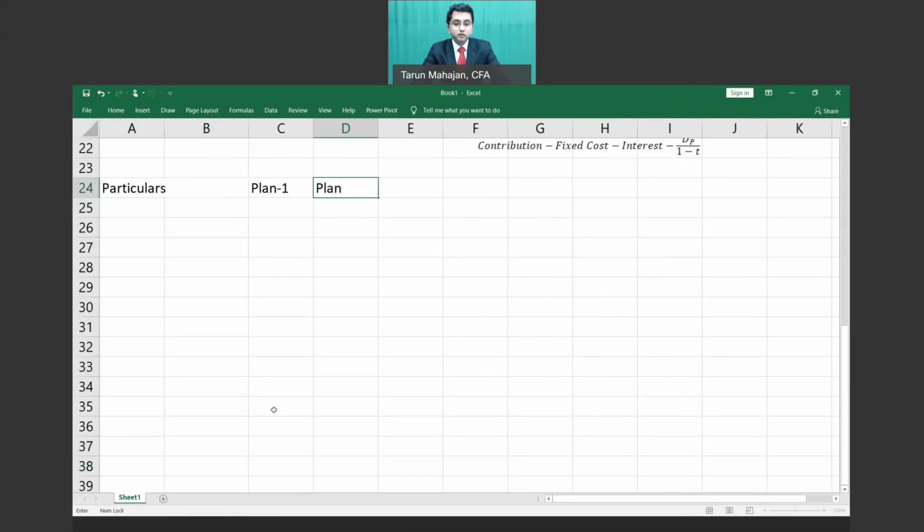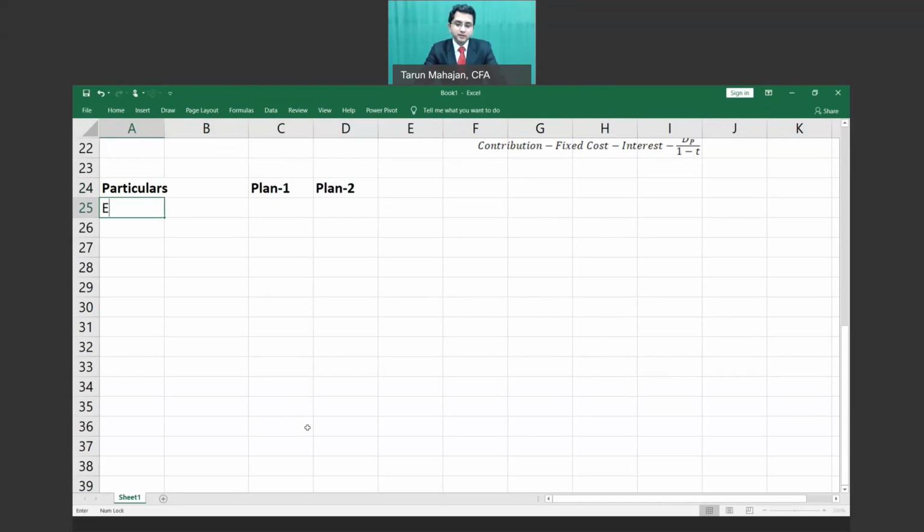Suppose you have 2 alternative plans to raise funds. Look, DFL is dependent on interest and dividend on preference shares, and interest and dividend on preference shares is dependent on the capital structure of the company. That is, how does the company actually raise funds?